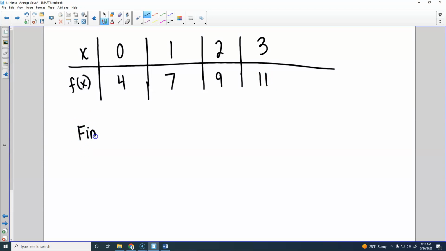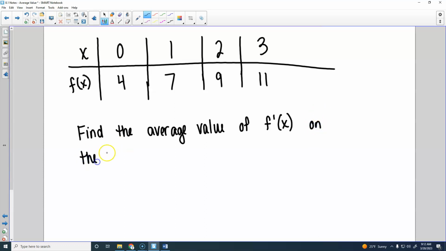Find the average value of f prime of x on the interval zero is less than or equal to x less than or equal to 3. And it probably would give you some information like f is a differentiable function here or something like that.